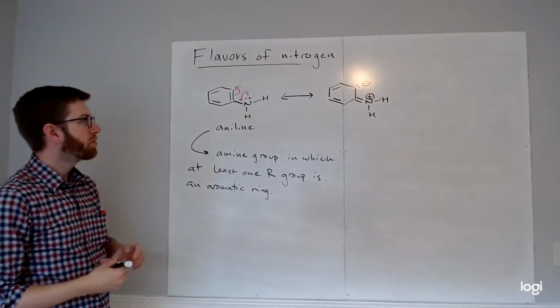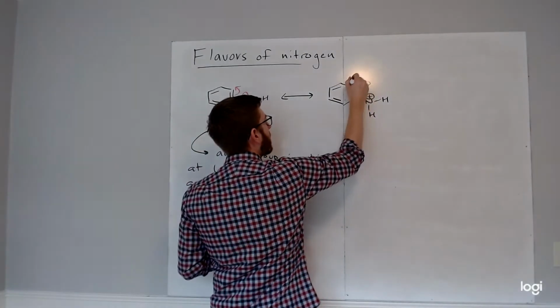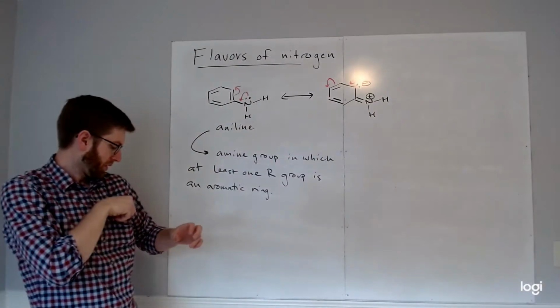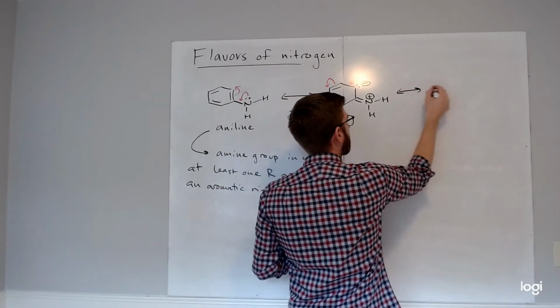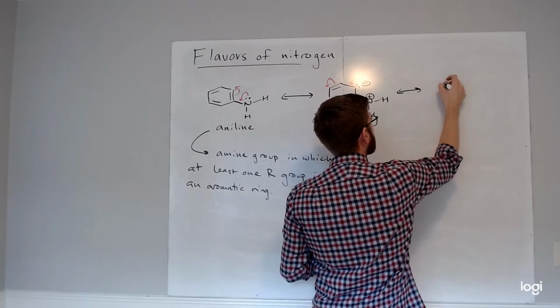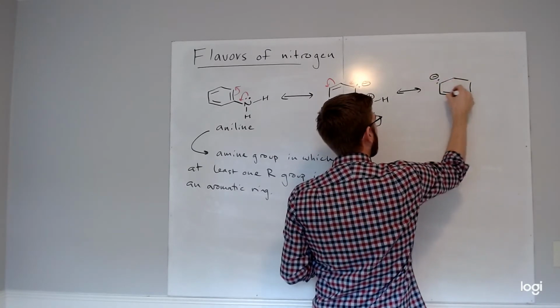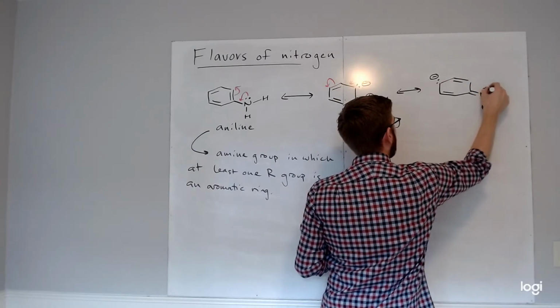And we could actually move the negative charge around the ring. So there's a set of resonance structures that describes the lone pair from nitrogen and where it ends up, or rather where it exists. So like that as well.